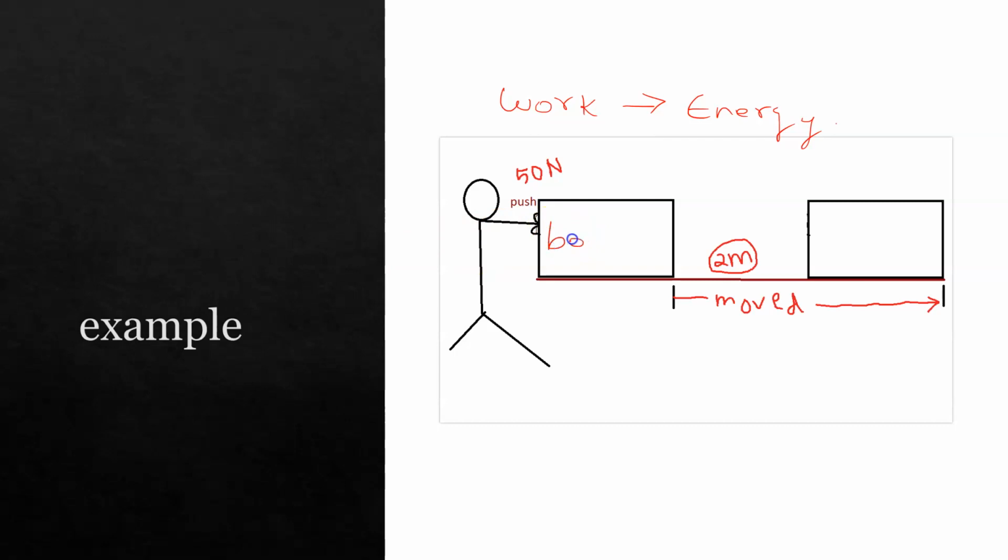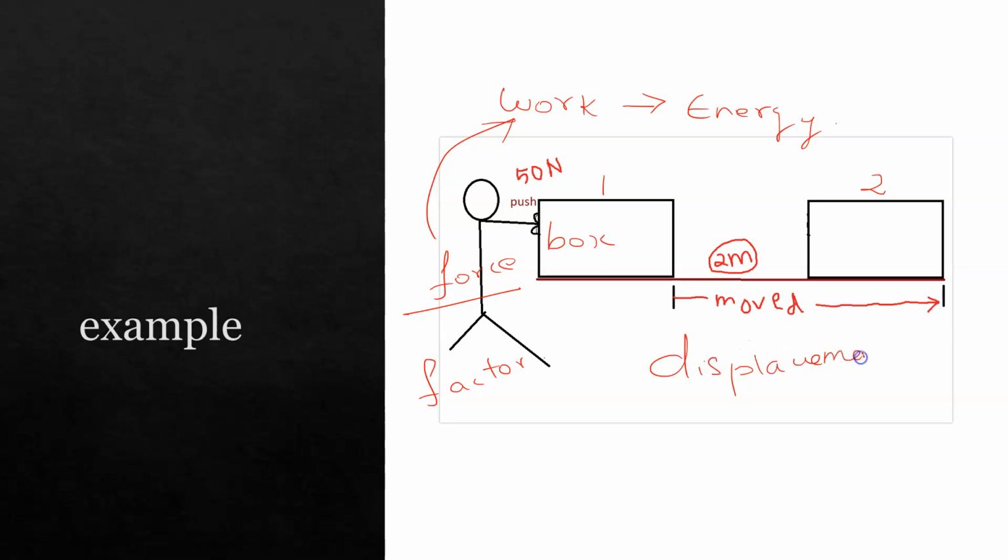Here is a box and I want to displace the box from point 1 to point 2. So I need to apply a force. So force is a factor which affects the work, right? What is another factor? It moves from point 1 to point 2. So this movement is called distance or displacement.